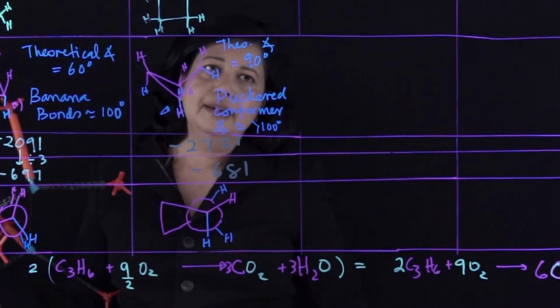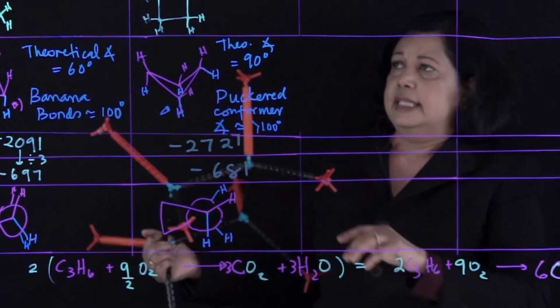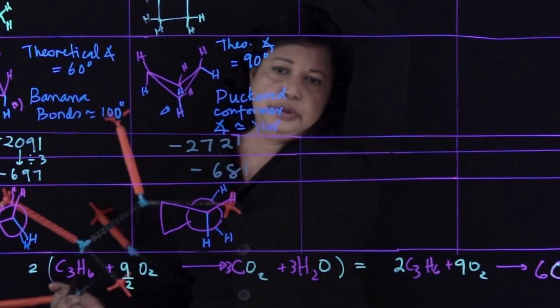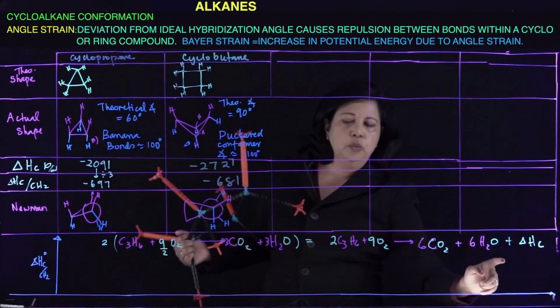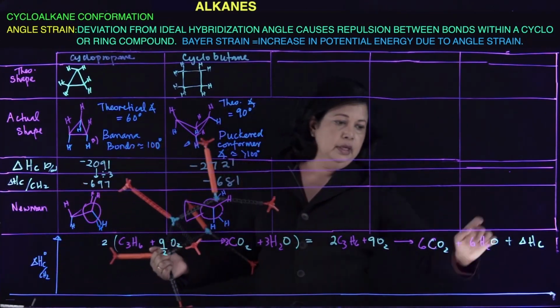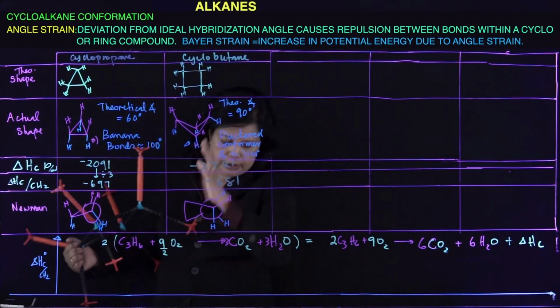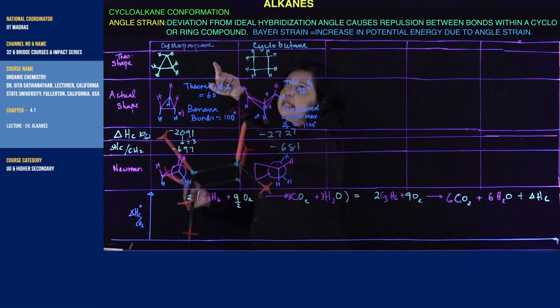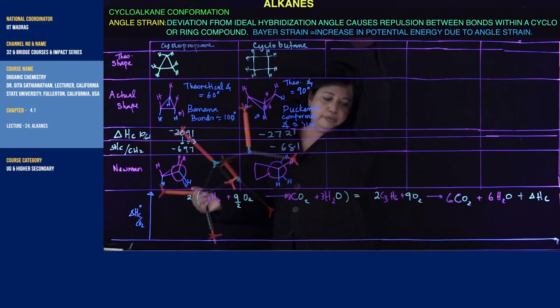Is that a good thing? Yeah, it's almost like this guy is on a hill that's higher because it's already got a lot of energy, so it falls to carbon dioxide and water, which all of them, when they burn, go to carbon dioxide and water. The bottom line, or the valley, is the same. So this guy is a little higher on the hill, so the fall is greater.